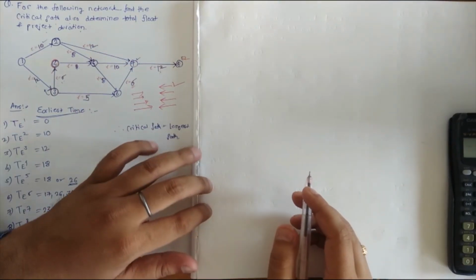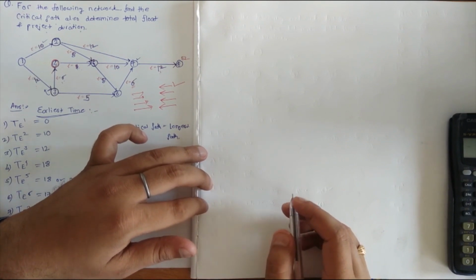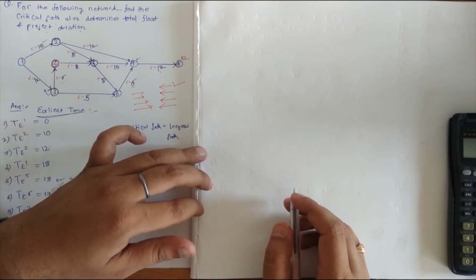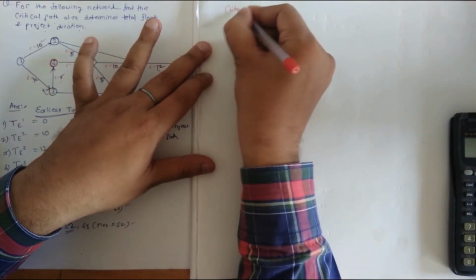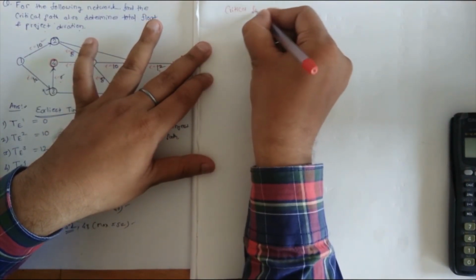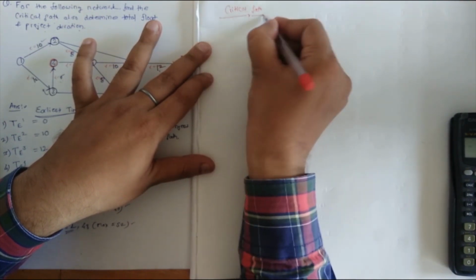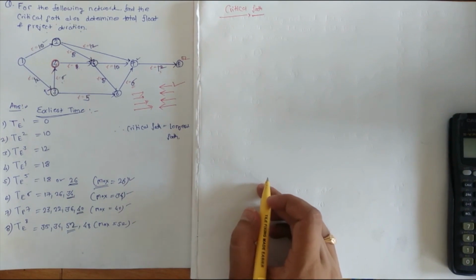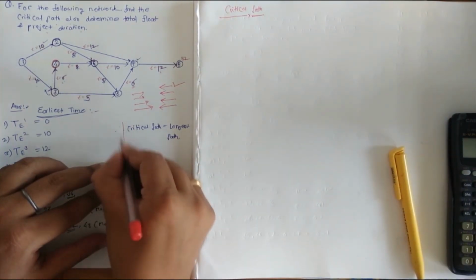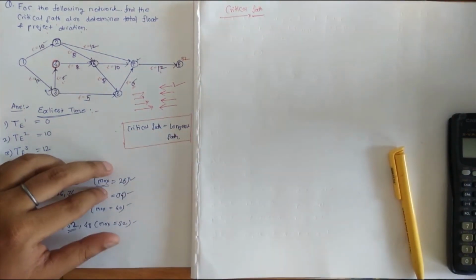So after the determination of earliest time and the latest time, now we will see the critical path. So what is the critical path? See, I have given here, it is the longest path to complete the project.